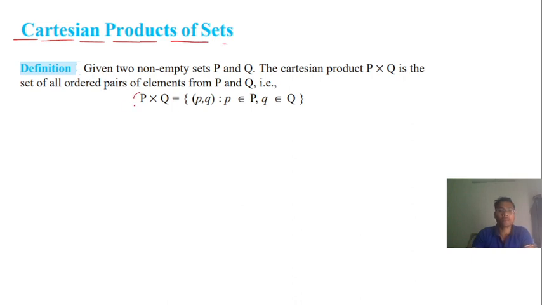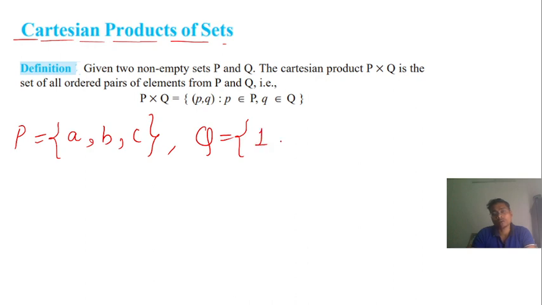It means we have two sets having different elements, and when we multiply those sets, another set will come, and that product set will have elements from both P as well as Q. Okay, so let me take an example here as P set having A, B, C, and Q set having 1, 2.